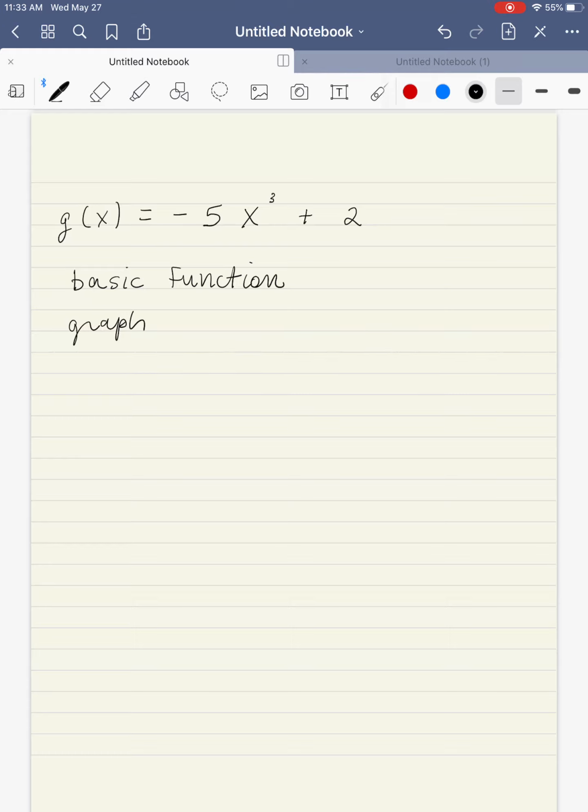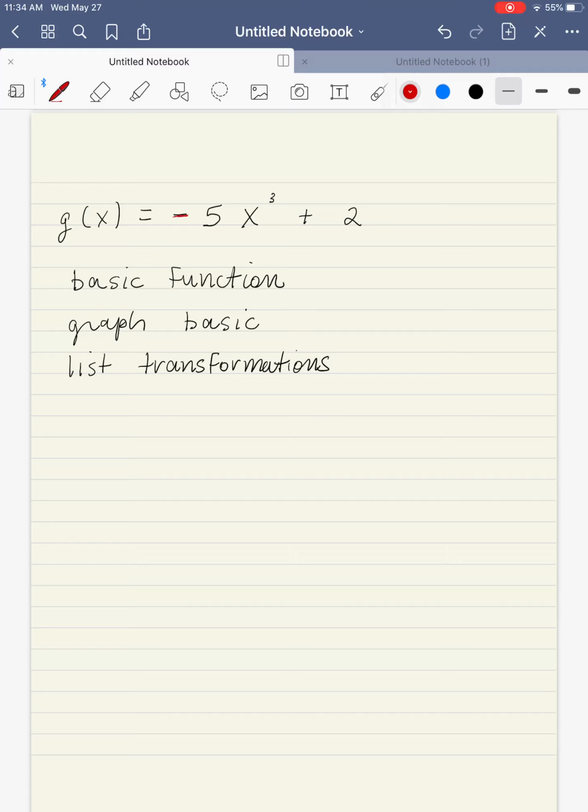I want you to graph that basic function. And be sure to plot when x is -1, x is 0, and x is 1. Plot those 3 points, because that's going to help us do our reflections and stretches and shrinks and whatever that we have. And then I want you to list your transformations.